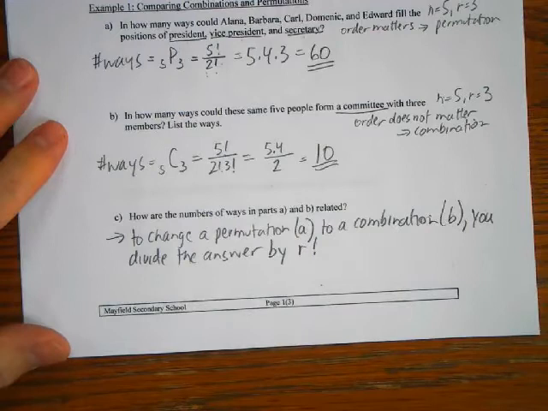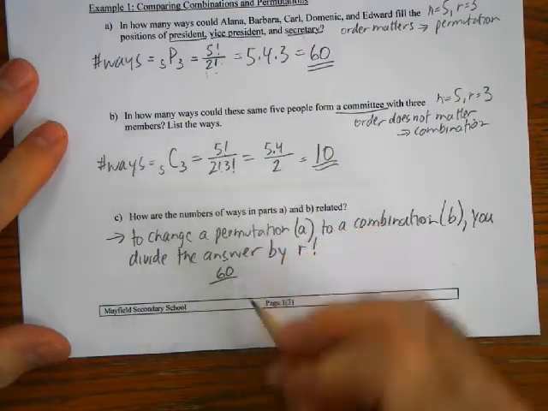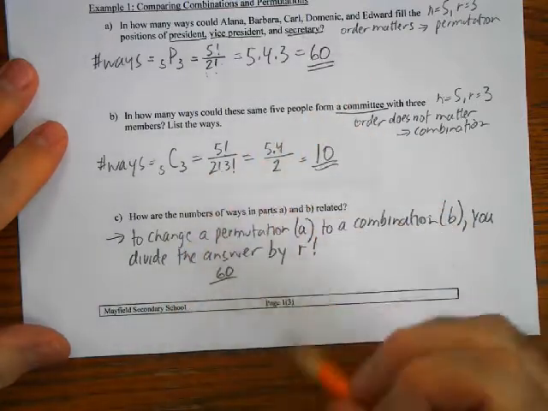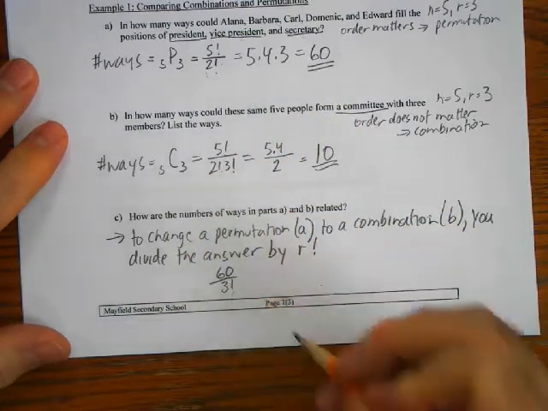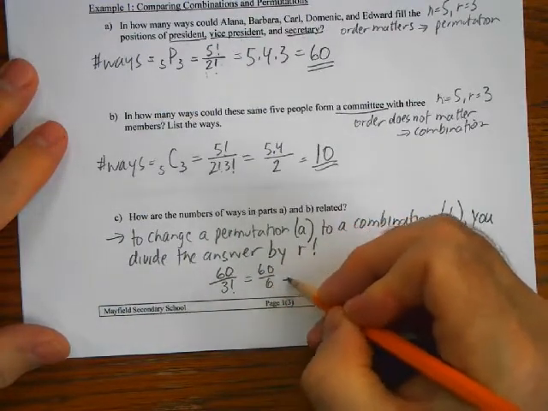In our case, we took our answer of 60 and divided by r factorial, and r was 3 for both of them, so 3 factorial. 3 factorial is 6. So 60 divided by 6 is equal to 10.